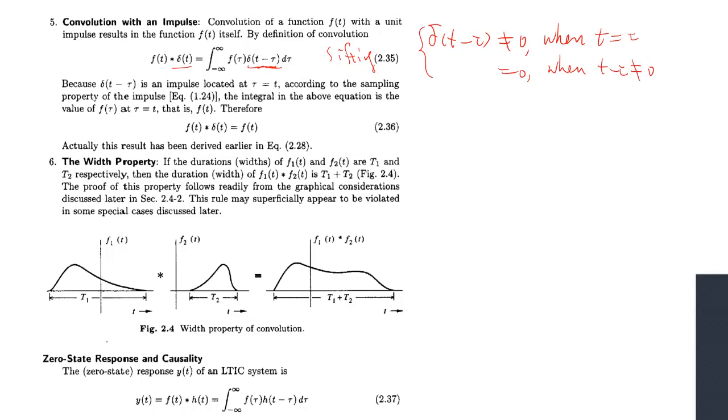This is the definition. So I know that I have to choose tau equals t. Otherwise, everything is 0, I don't care.